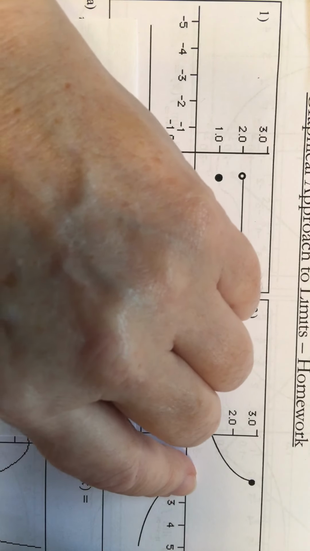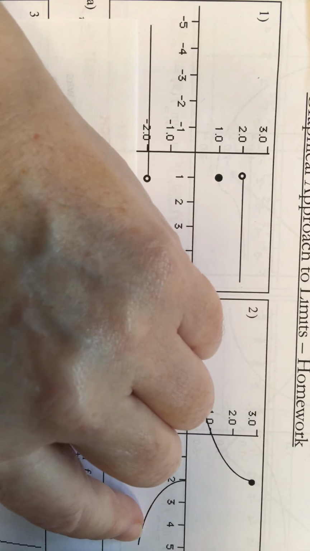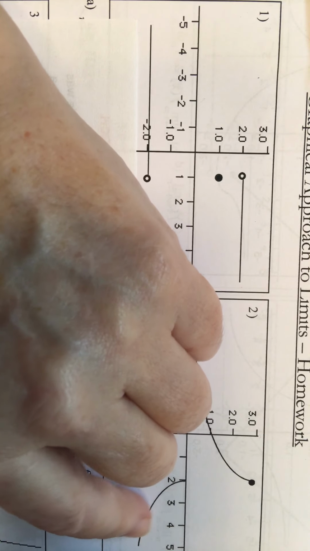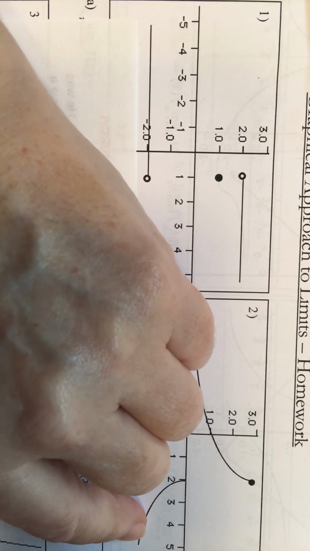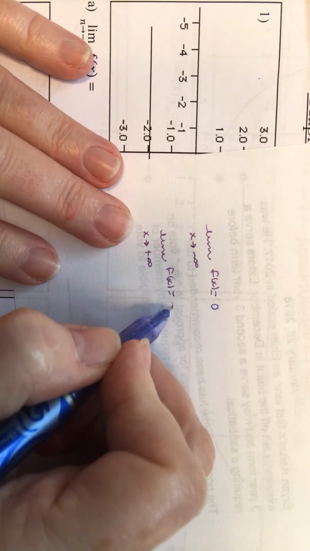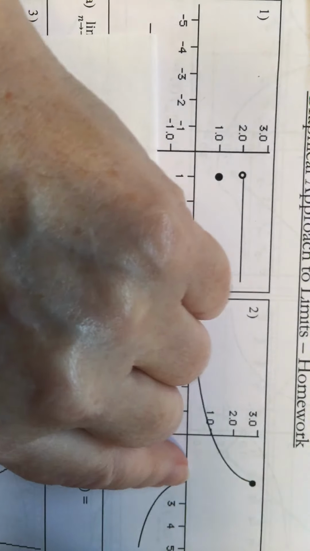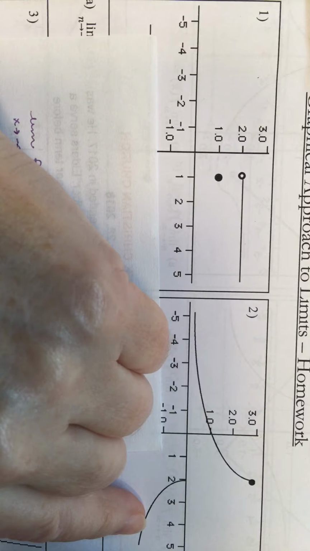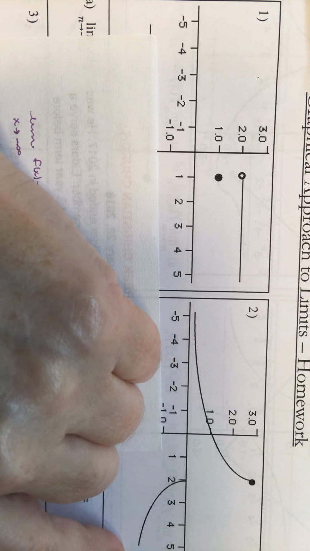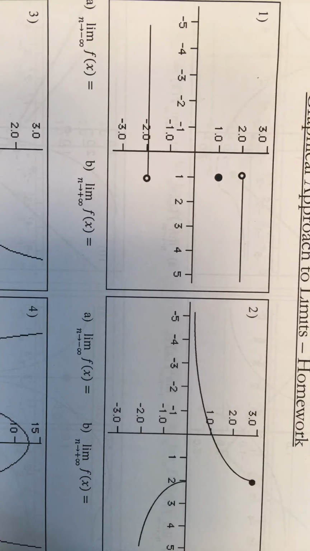And what happens? It is heading ever so slowly, at a snail's pace, at a turtle's pace, towards negative infinity. As x gets bigger and bigger, y is getting smaller and smaller, ever so slowly.